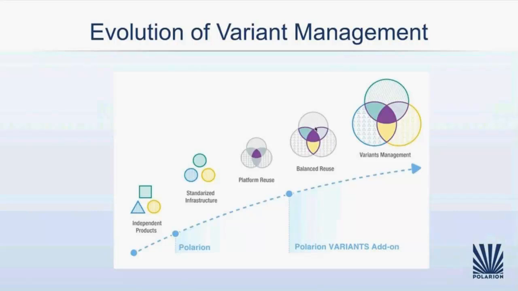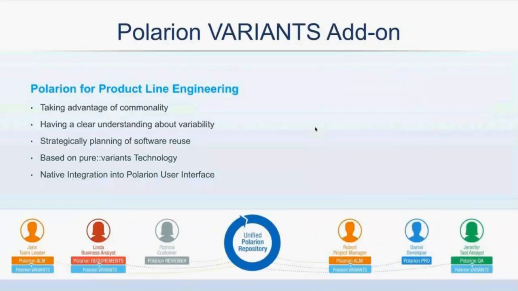This means if I have a document that contains shared components, I can easily distribute it over my other projects. But if you need a more complex interface, if the number of your variants is getting higher, 10 to 40 to 100 different variants, we provide a technology called Polarion Variants that will allow you more controlled variance management of your product line.